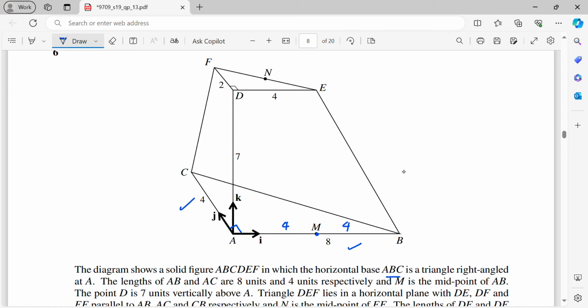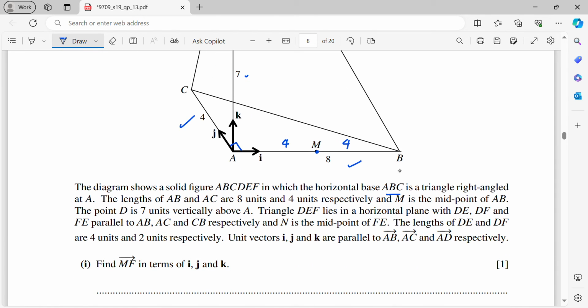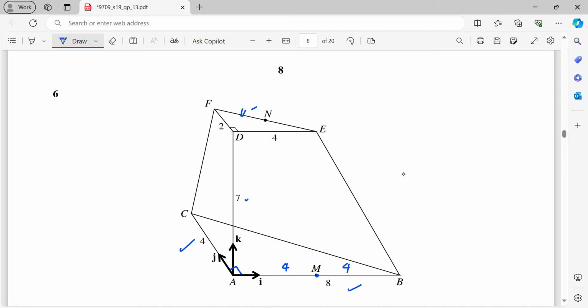The point D is 7 units vertically above A. Here is a 7. Triangle DEF lies in the horizontal plane. Okay, here above, with DE, DF, and EF parallel to AB and so on. N is the midpoint of FE. Okay, FE midpoint.